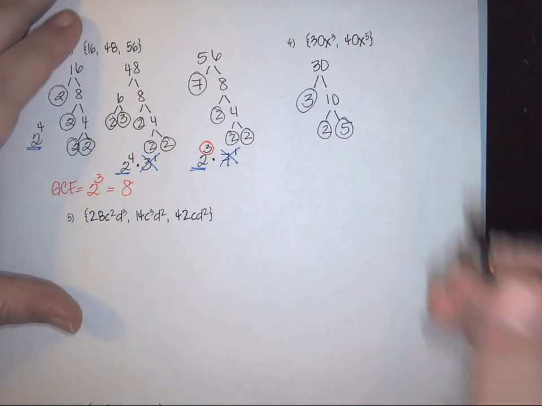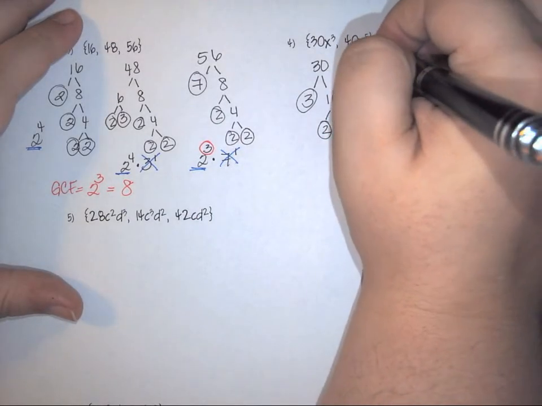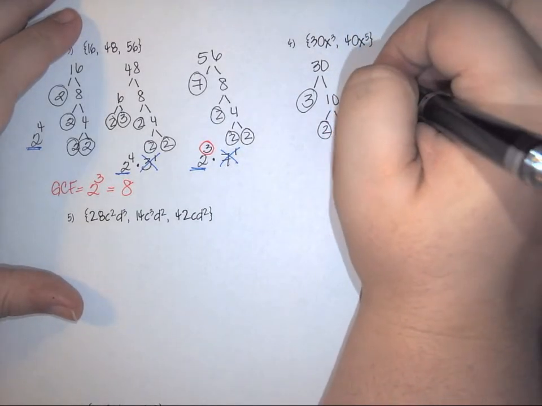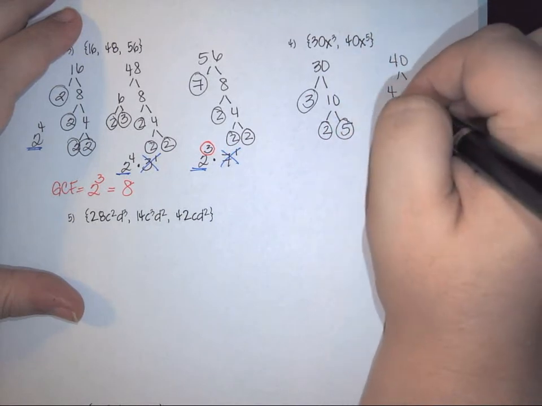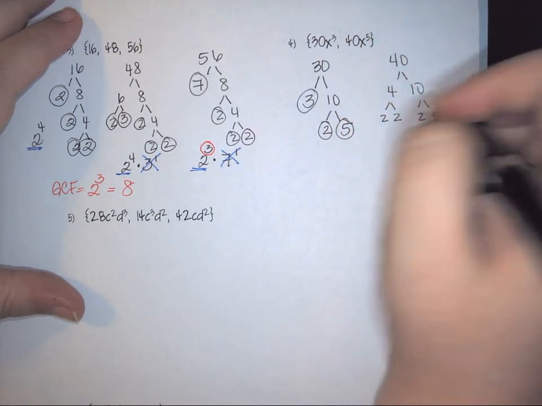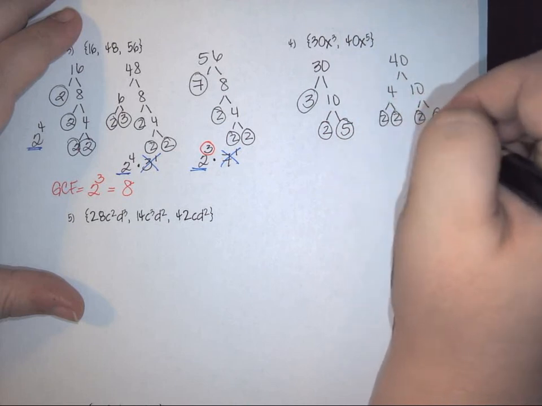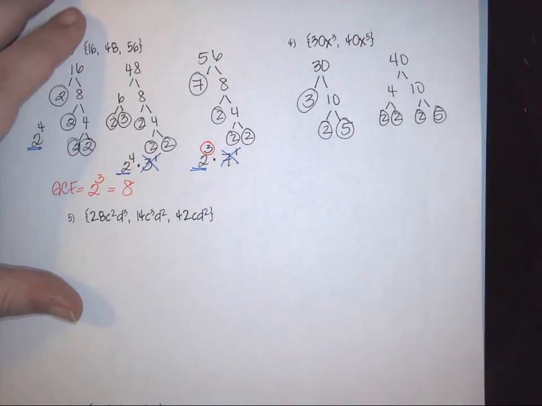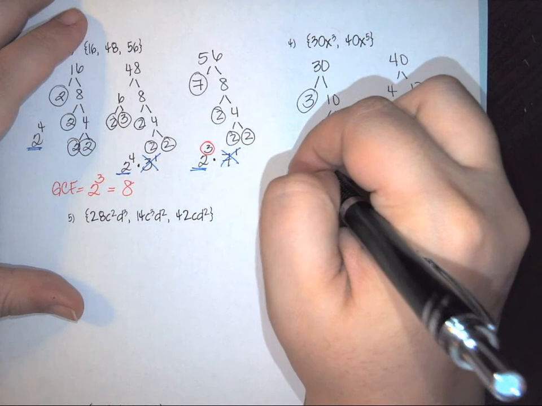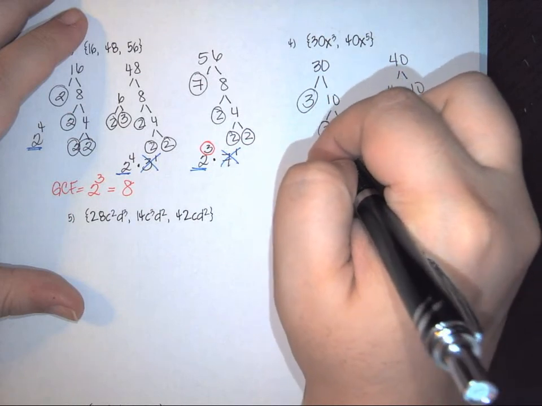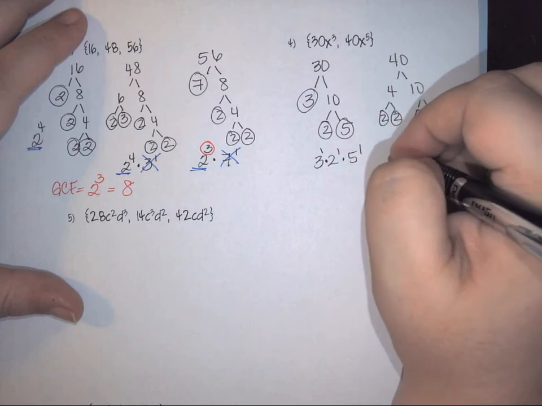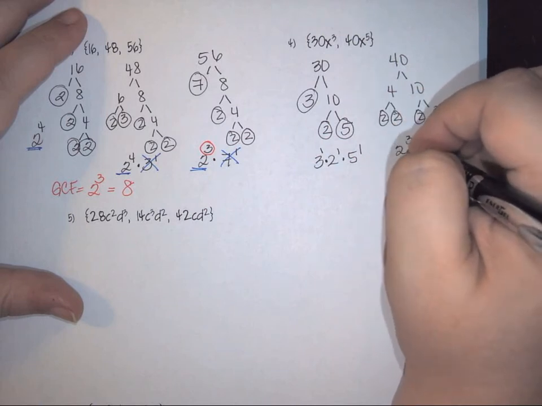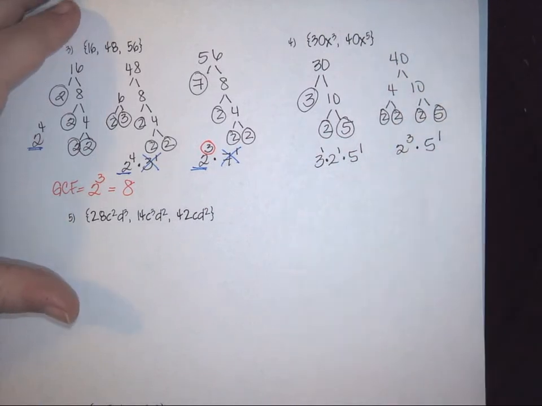And then when I have 40, I know 40 can break down into 4 and 10, so 4 breaks down to 2 and 2, and 10 becomes 2 and 5. So again, here are my primes. So if I'm looking at my two values, I have 3 to the 1st, 2 to the 1st, 5 to the 1st, and then I have 2 to the 3rd and 5 to the 1st.